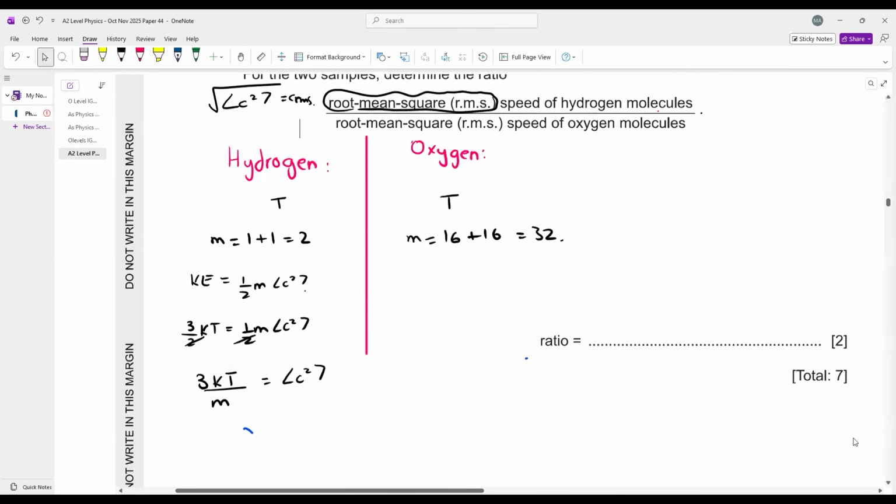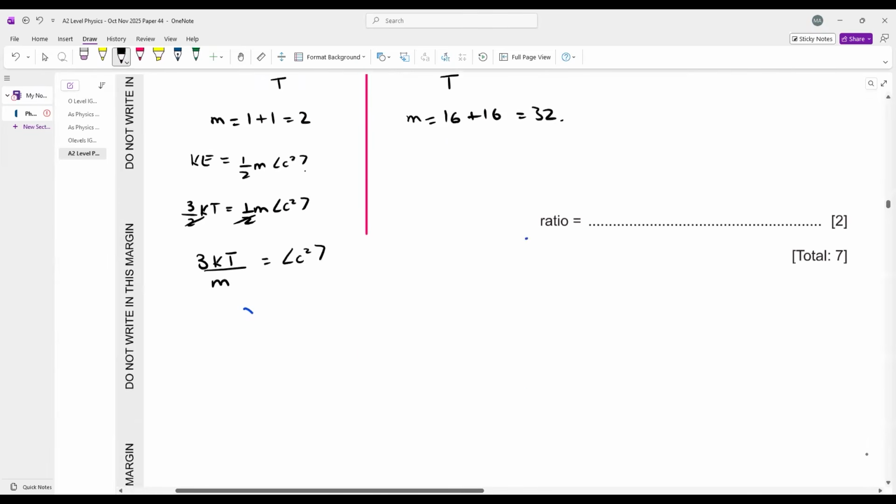Now just focus on the board carefully. 3 remains the same. k is also a constant, temperature is a constant, mass is 2, equal to c square of hydrogen.